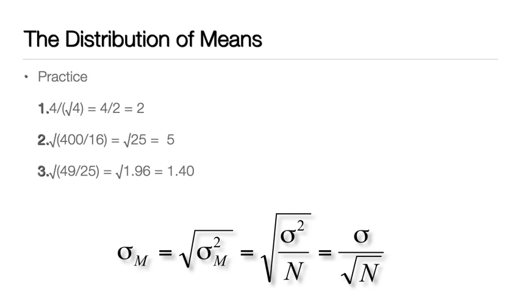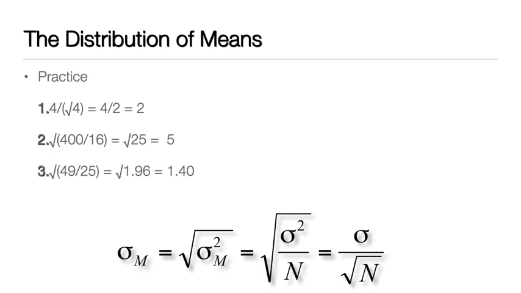If we have the variance or the standard deviation like we do in practice problem 1, we can just take that standard deviation and divide it by the square root of n. So that would be 4 divided by the square root of 4, which equals 4 divided by 2, giving us an estimated standard error of 2.